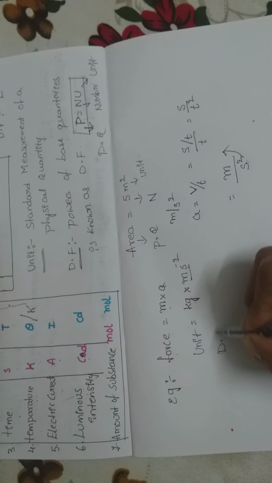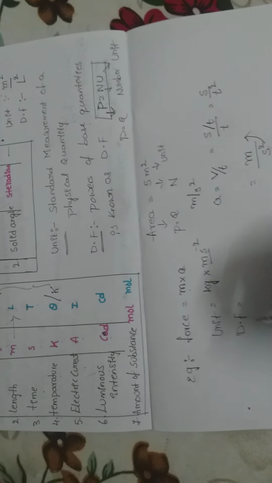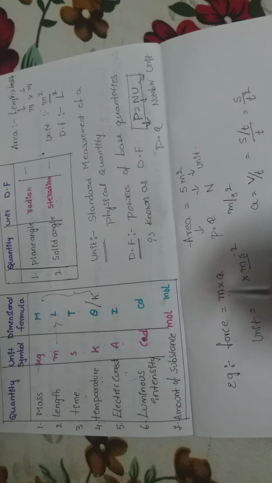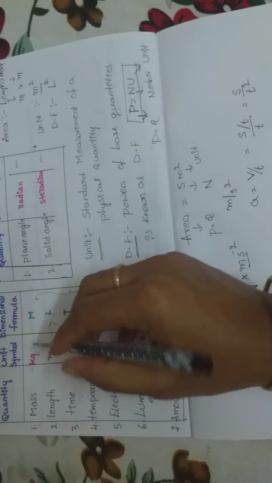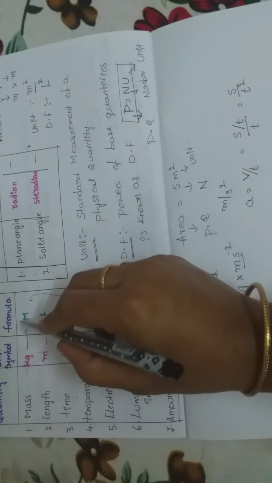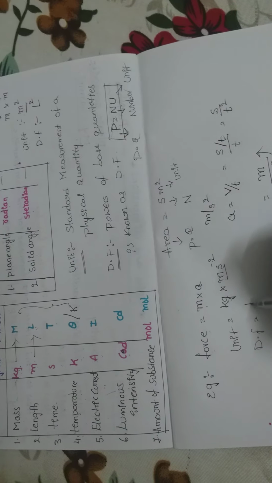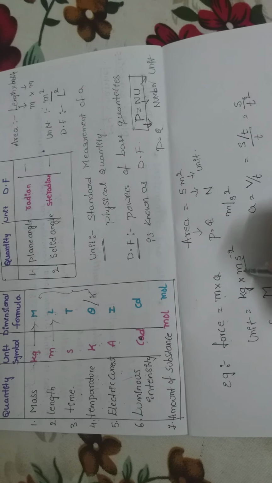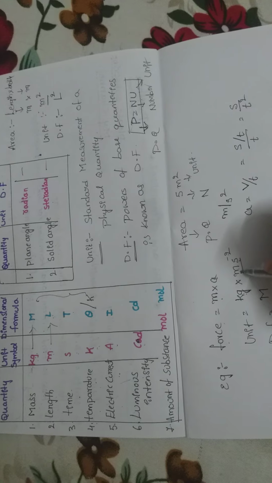Then how can you write the dimensional formula? Very easy. Kg is the unit of mass, and the dimensional symbol for mass is capital M. Here small m means meter.